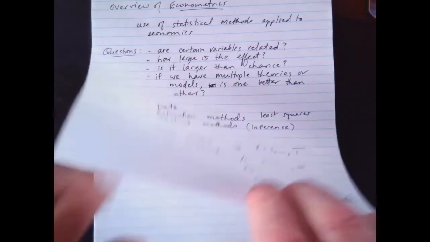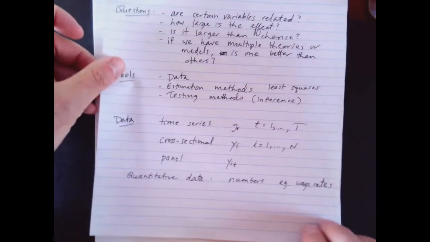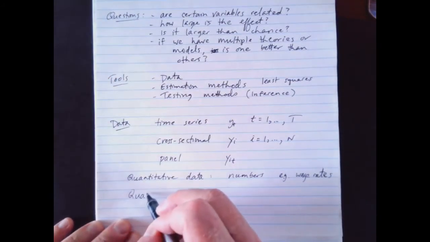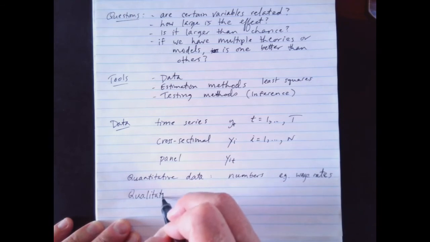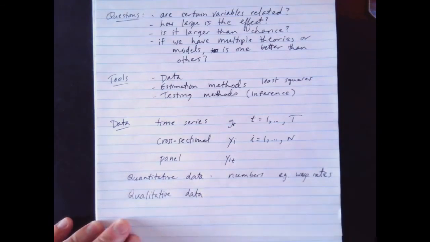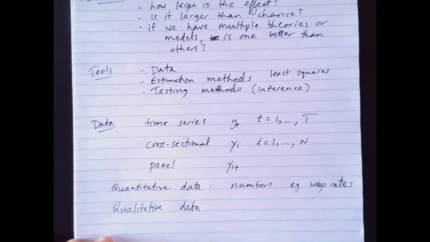Let me just slide this up a little bit so it doesn't move off the bottom of the screen. There's also qualitative data. Now, quantitative should remind you of the word quantity. So in this case, it's a measurement. It's a measurement of wage rates or measurement of whatever.